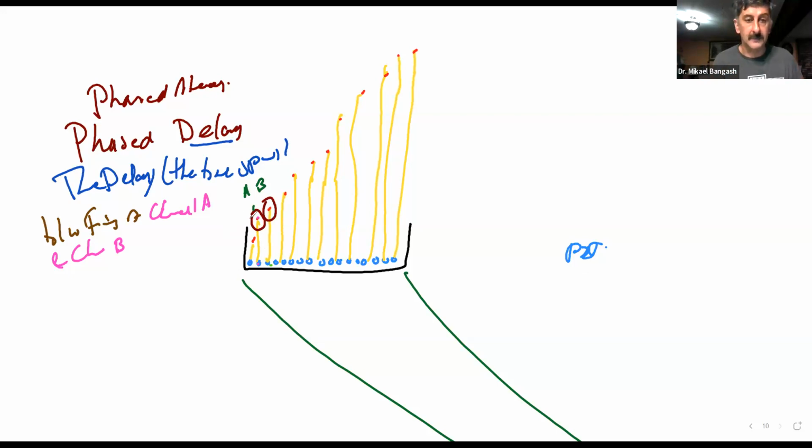But remaining in this pattern here, A fires first, followed by B, where B will fire before C, C will fire before D. Did that make sense? Yes. Okay, so the time between firing of this PCT here and this PCT here is going to be referred to as a phase delay. Clear? Yes. Okay.